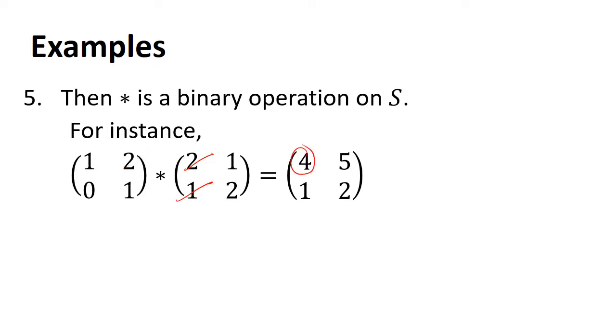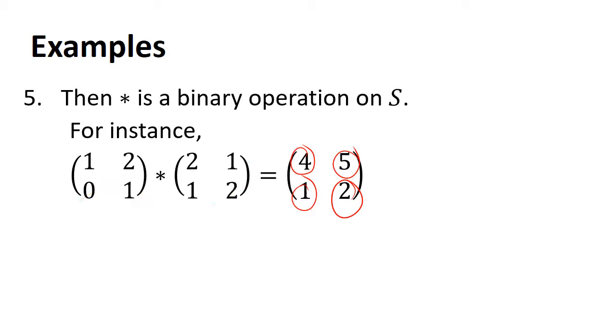Next we have 1 times 1 and 2 times 2, that is 1 plus 4, we get 5. Next we get 0 times 2 and 1 times 1, that is 1. Then lastly we get 0 times 1 and 1 times 2, that is 2.